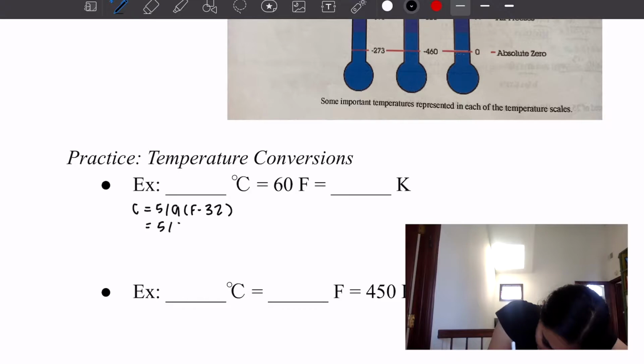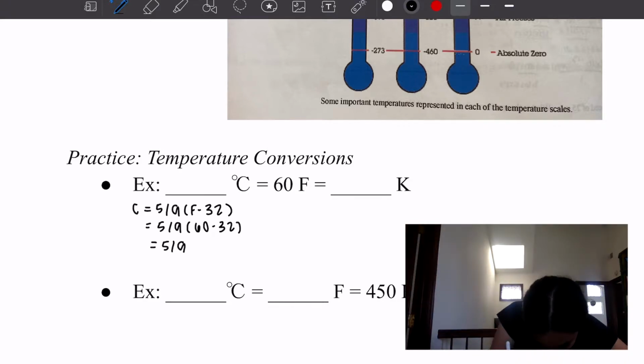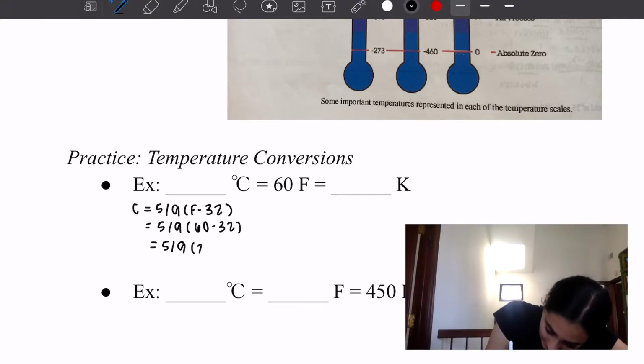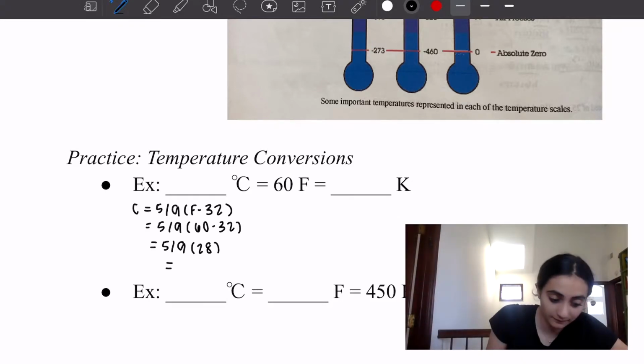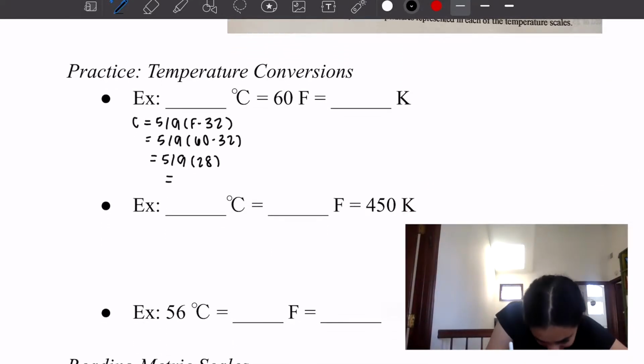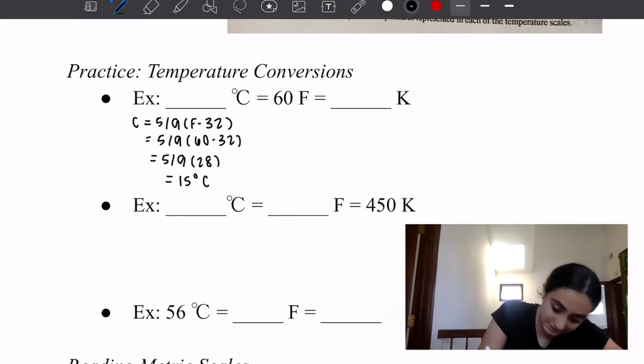So I have 5/9 of (60 minus 32), and that equals 5/9 of 28, which equals 15 degrees Celsius. And we would not write 15.6, which is something we're going to discuss later.